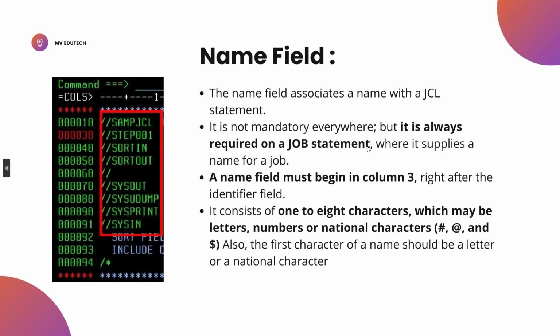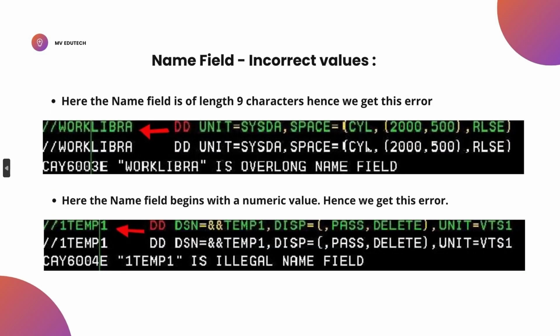After that, we'll see what errors we get if we make mistakes. In the name field, look at the first example. Here the name field is 9 characters long, so we get an error: a name like work library, with more than 8 characters, is an over-long name field.